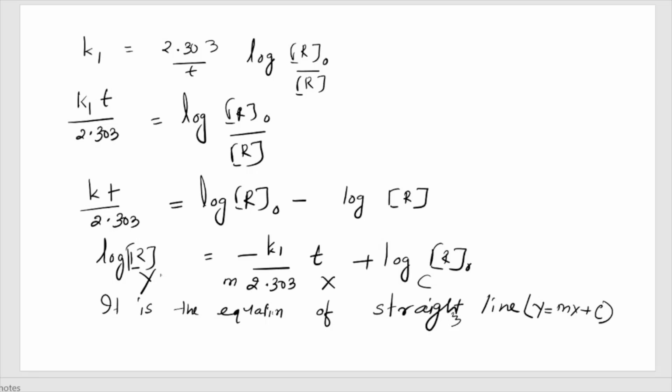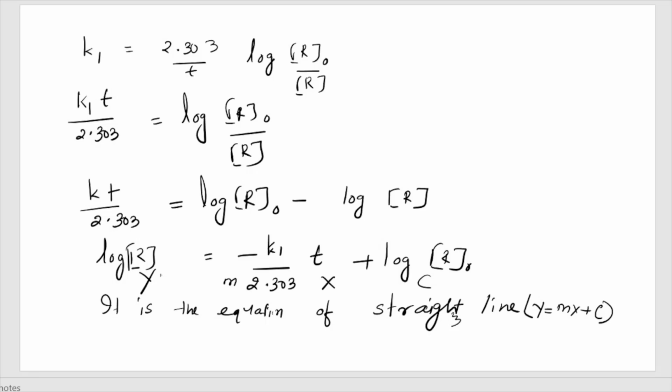You can see the equation, K1 equals 2.303 by t, log R0 by R. What is R0? Initial concentration. And what is R? The concentration at a particular time. So K1 is the first order rate constant.